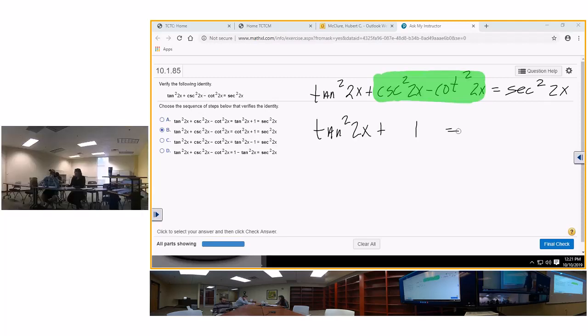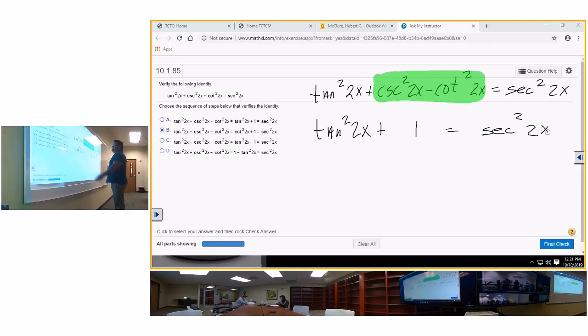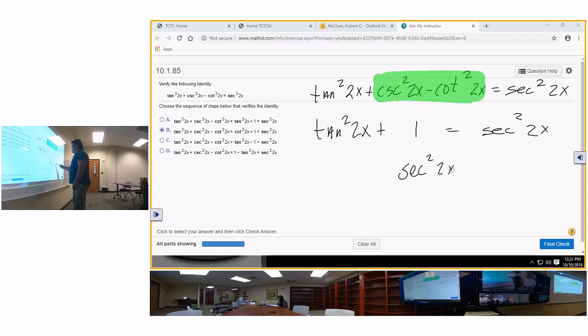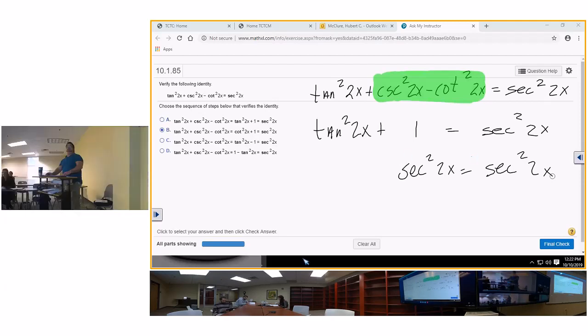Is equal to the secant squared. And now look at your Pythagorean. And what's tangent plus 1? So secant is equal to the secant. So whichever one says that. Is it Bravo, Charlie, Delta? Which one is it? A.